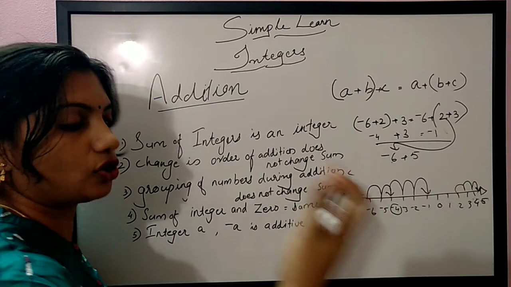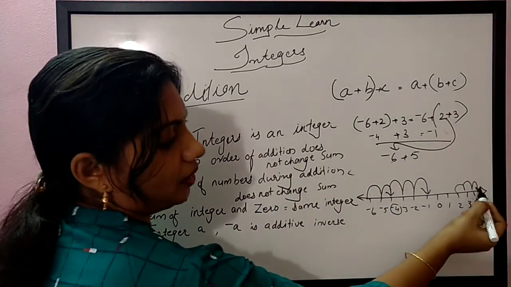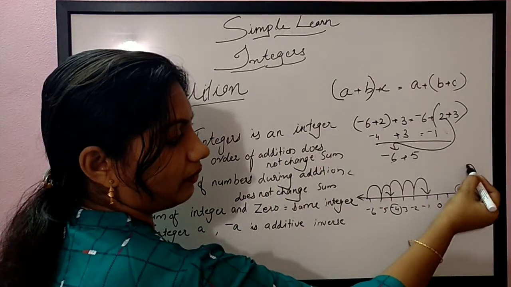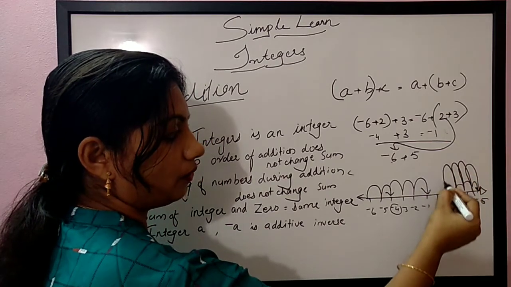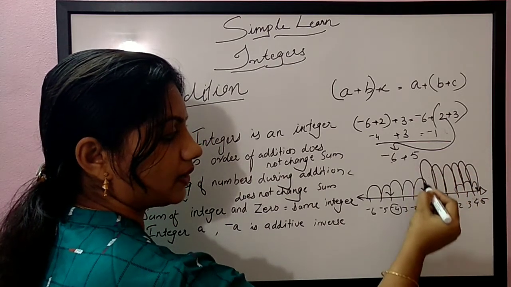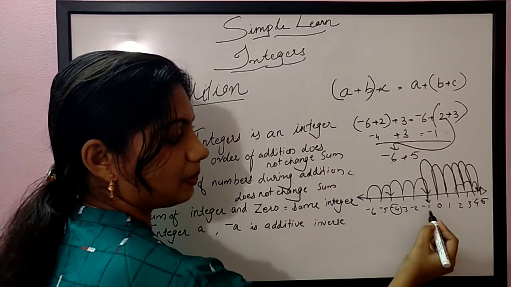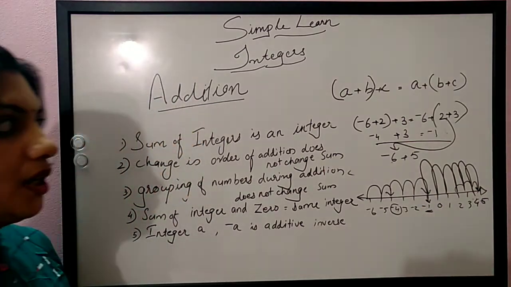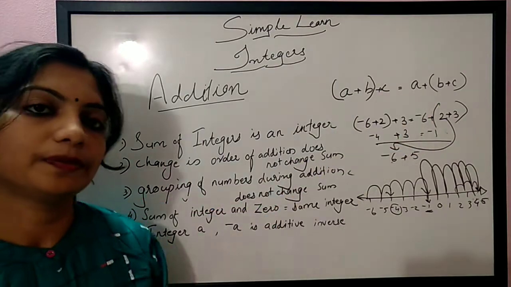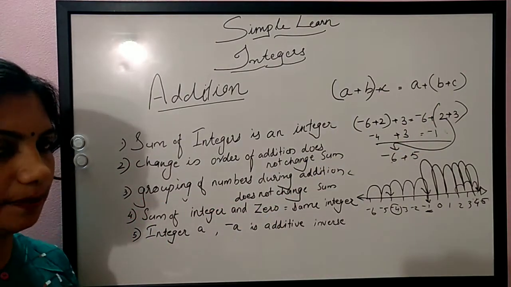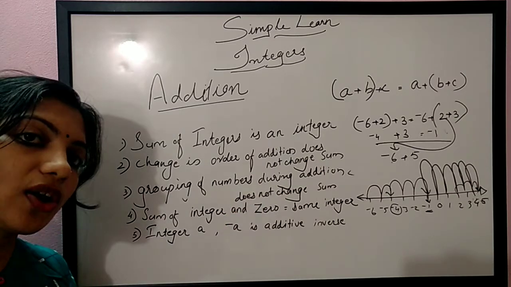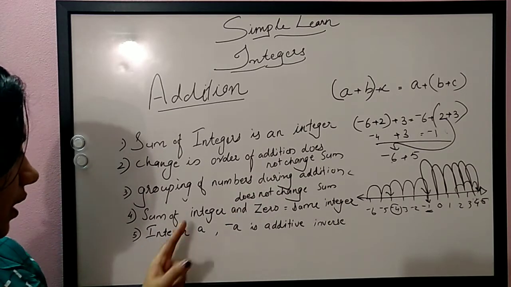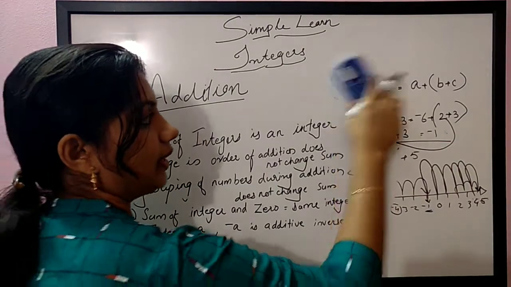Now it is negative, I should jump towards left side. From 5 I am jumping left. 1, 2, 3, 4, 5, 6. Now I am in this place, negative 1. So even if you regroup it, the sum is going to be the same. So that's what grouping of numbers during the addition does not change the sum. Now let's look at the next property.